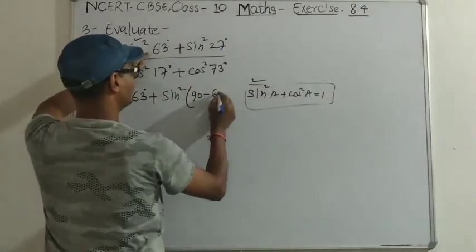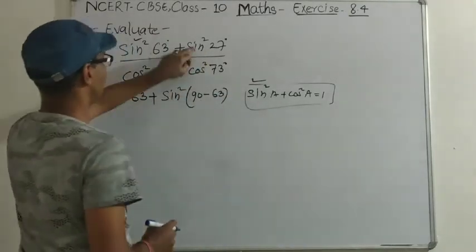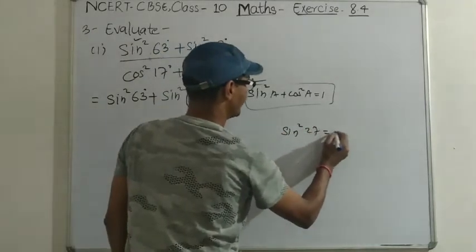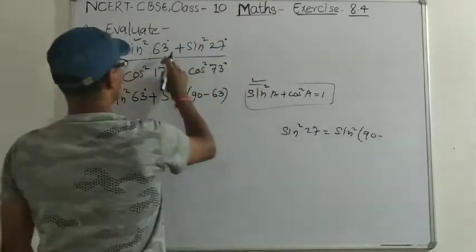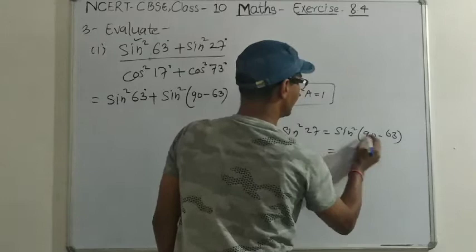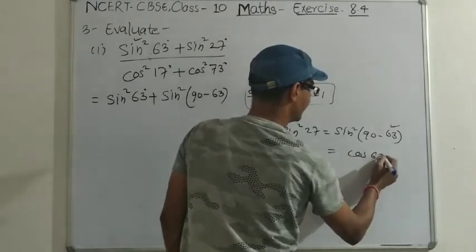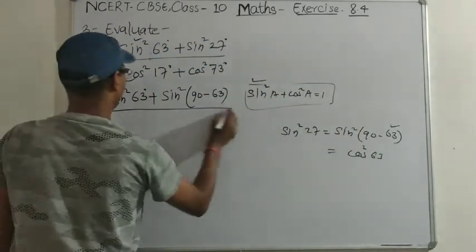If we subtract 63 from 90 we get 27. So sin square 27 is sin square (90 minus 63). Sin of 90 minus theta is cos theta, and theta is 63, that means cos square 63. So we have to change it like this.